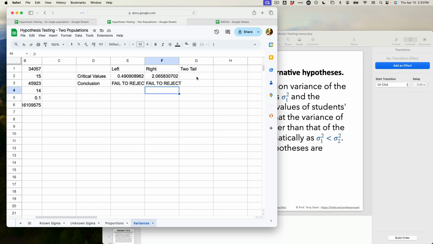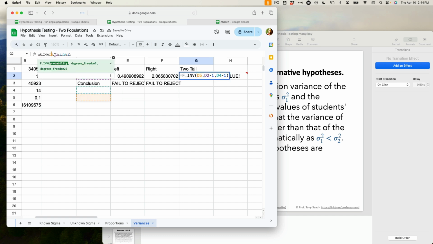And if you want to do the two tail test, you have to find the F value, because it's not a symmetric distribution. You have to find the F value on the left tail where the area to the left is alpha over 2, and on the right tail where the area is alpha over 2. So you need two values over here. For the two tail, I'm going to copy these actually and put them here.